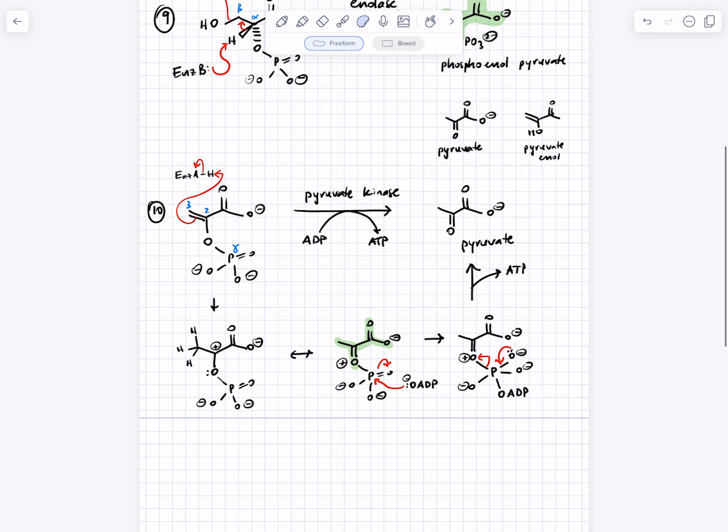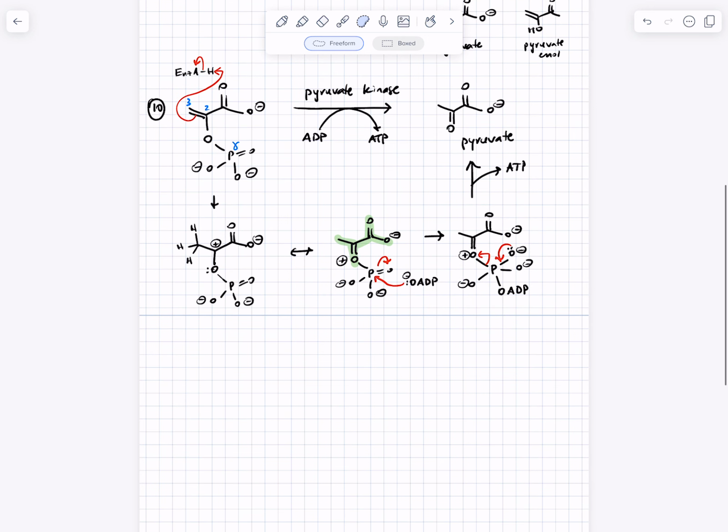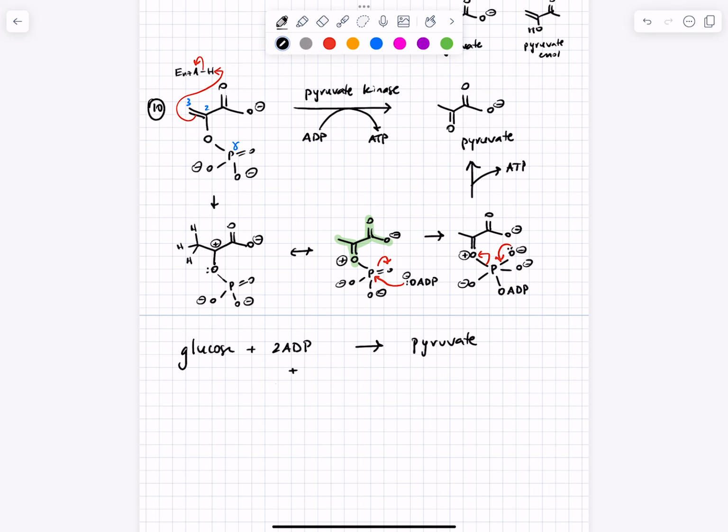If you look at where we are, just to summarize the overall yield of a molecule of glucose, in going from glucose to pyruvate, overall, the balanced equation has us using 2 molecules of ADP and 2 molecules of inorganic phosphate, also 2 molecules of NAD plus, to generate 2 molecules of ATP and 2 molecules of NADH.